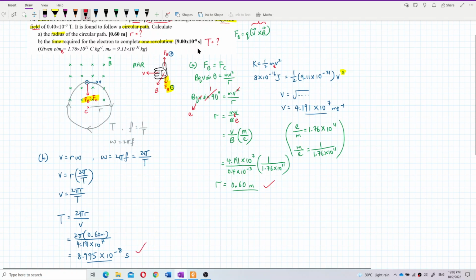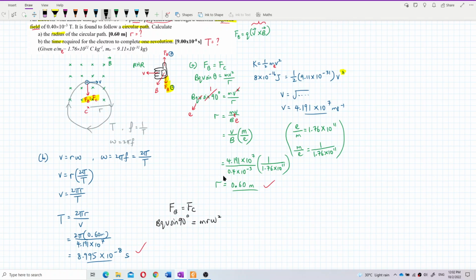Or you can also do it the other way. You can do it from FB equal to FC. FB is BQV sine 90, and FC, instead of MV square over R, can be changed to MR omega square.